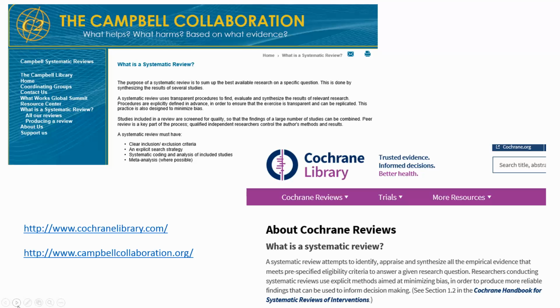These two databases, the Cochrane Library and the Campbell Collaboration, contain collections of systematic reviews. The Cochrane Library is very extensive and supports evidence-based healthcare decision-making. The Campbell Collaboration is a much smaller consortium with fewer systematic reviews.